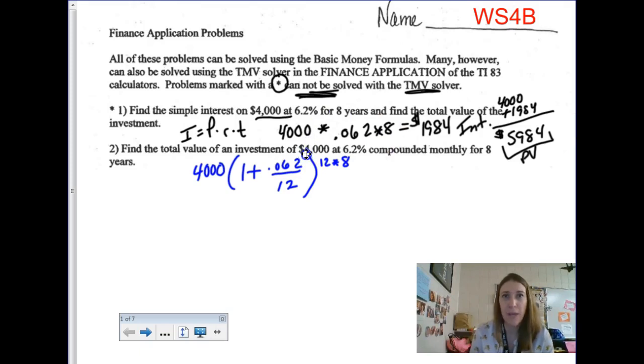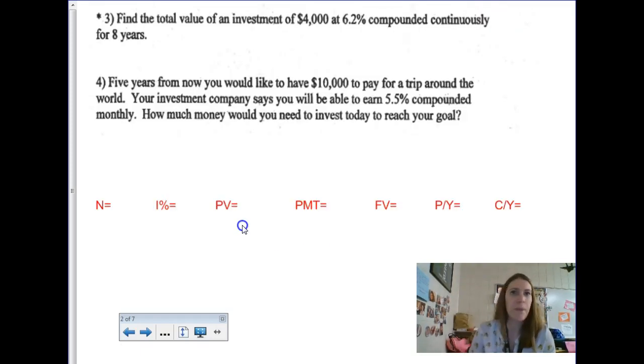There's going to be no payments, so when it says payment, put a 0 there because you're not adding to this investment at all. You're just collecting interest. When you type this in your calculator or use the solver, you get $6,560.18. So it doesn't hurt to go back to your roots, guys.